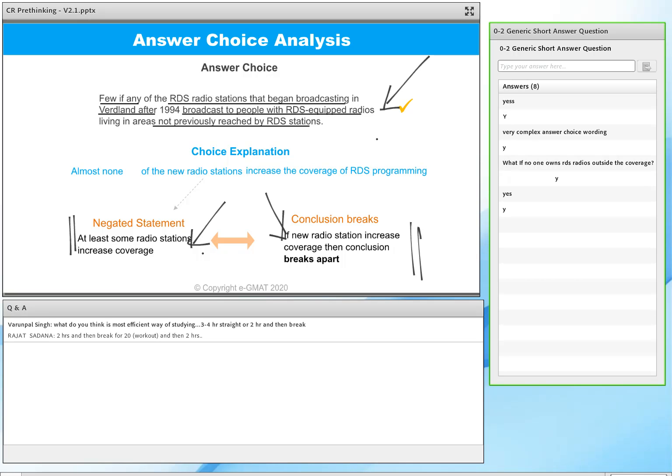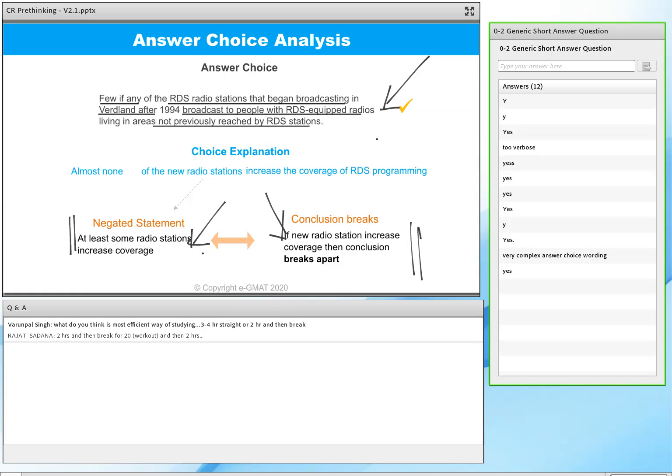One of the reasons why you might make a mistake, and this is where in the e-GMAT strategic review piece, we really have a category where you say, I did the pre-thinking right, I got the logic right, but I did not translate that logic to the answer choice, and hence I messed up. This is a classical case.